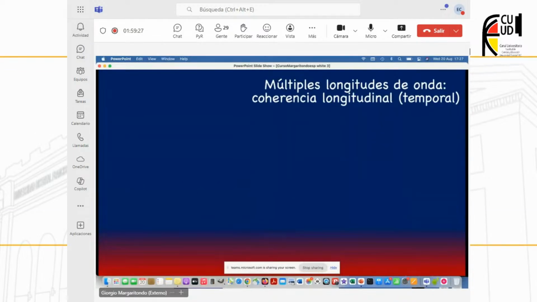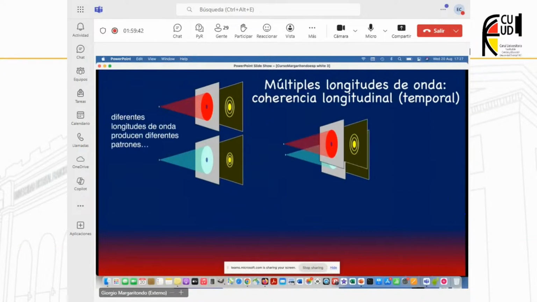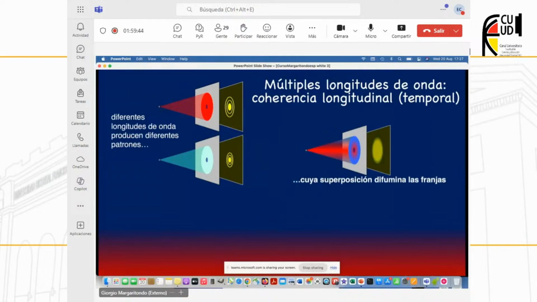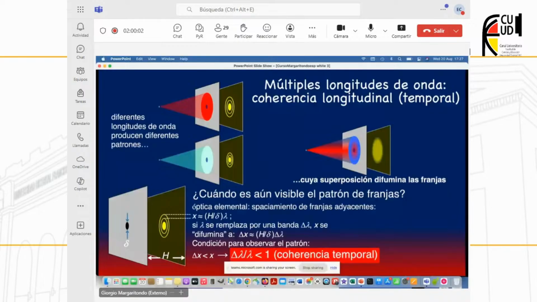So let me amplify this discussion a little more and start from the time or longitudinal coherence. Here we see two different wavelengths, their patterns, and then you put them together and you may get too much blurring. So what are the conditions for still seeing the fringes? All right, the analysis is very simple because elementary optics is telling us what is the distance between adjacent fringes.